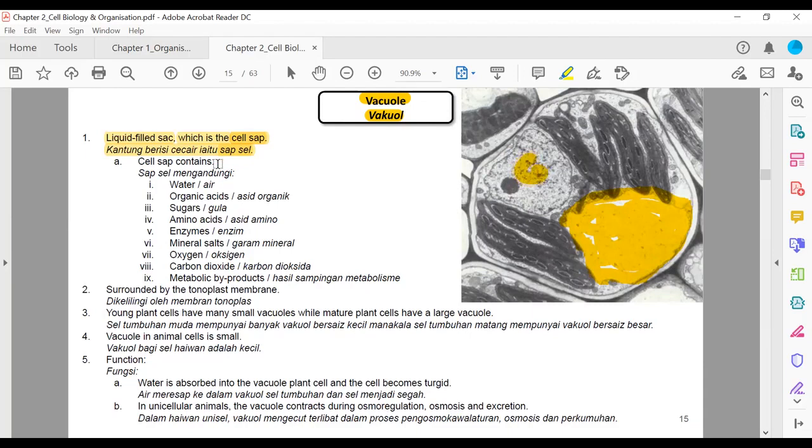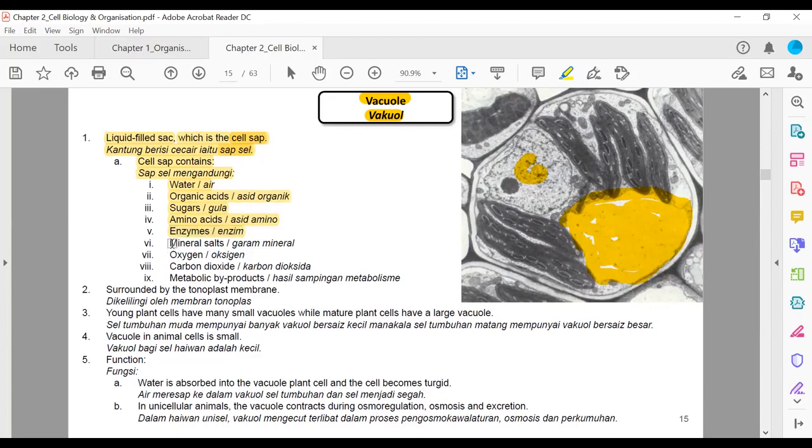Alright. Now, cell sap contains. So apakah kandungan cell sap? What is inside the cell sap? Okay, so we have water, kita ada air, organic acids, asid organik, sugars, gula, amino acids, asid amino. What is amino acid? We're going to learn in chapter 4.